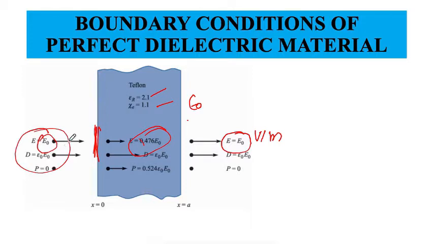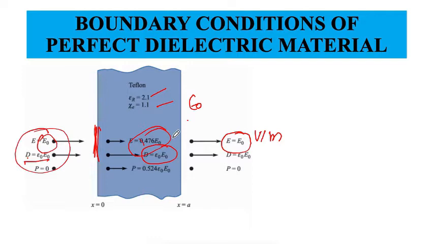What would happen to the normal D field at this boundary? The normal field here will be epsilon naught E naught. That should be the normal D field. What would be the normal D field inside? That should be equal to epsilon naught E naught.